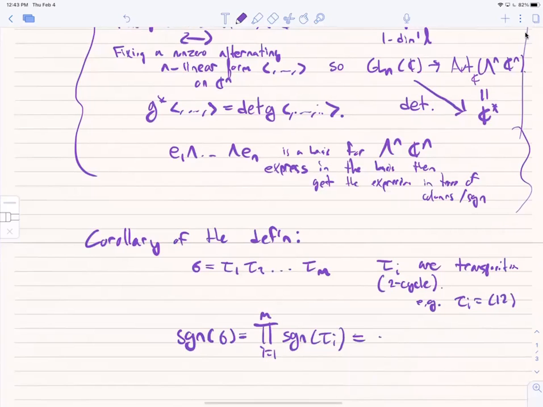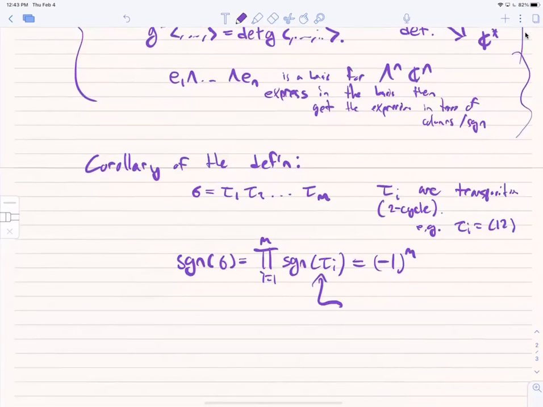But that's just (-1)^m, because tau i swaps 2 coordinates in C^n. The linear transformation you get from this permutation tau i just swaps the 2 coordinates. Any transposition just swaps 2 coordinates, but that's just a reflection, and reflections have determinant -1.